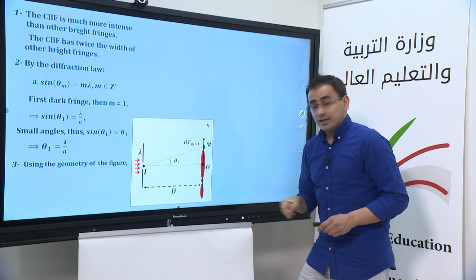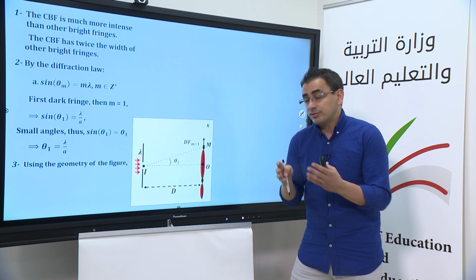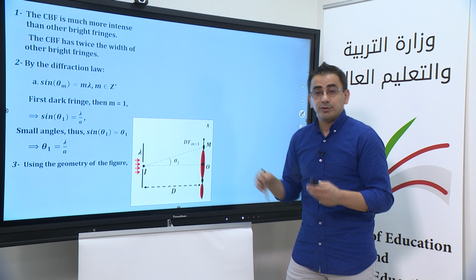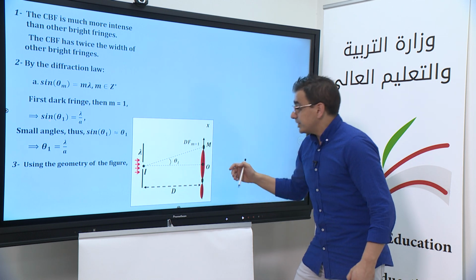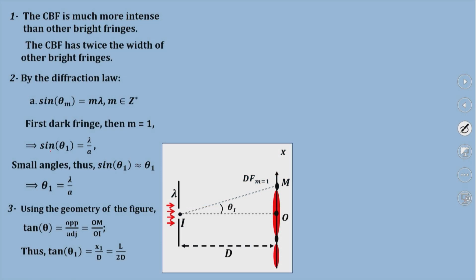IOM is a right triangle. We know that trigonometry in right triangles gives us the tangent. Tangent of theta 1 is opposite over adjacent, which is OM over IO. Now continuing, tangent theta 1 equals x1 over distance D, and x1, which is OM, is half L.